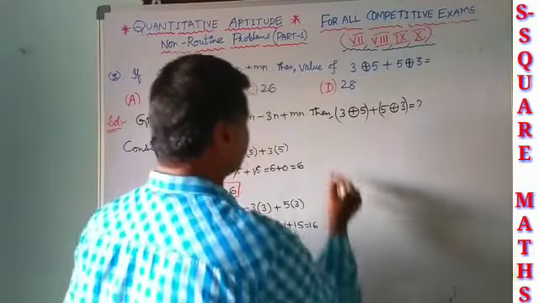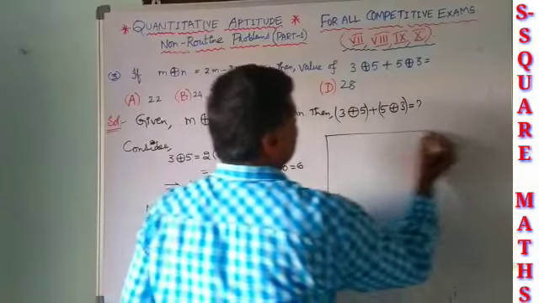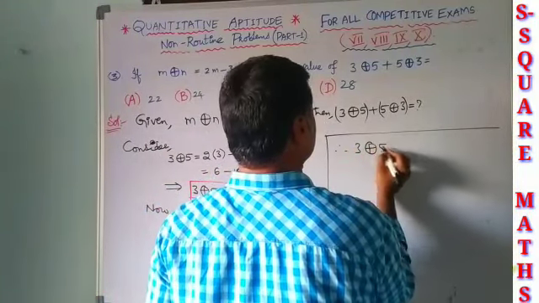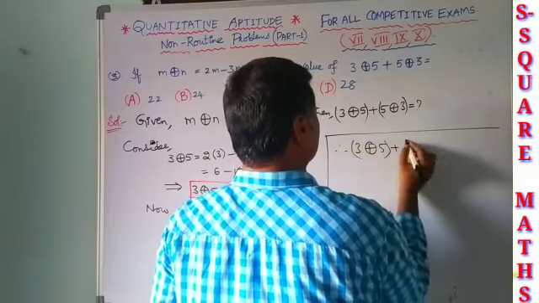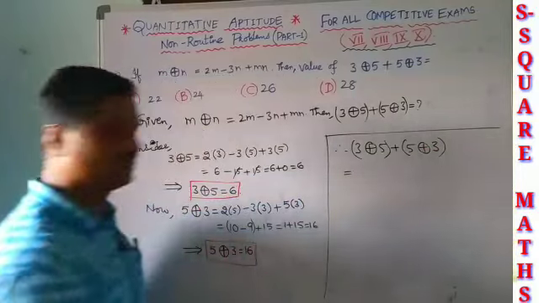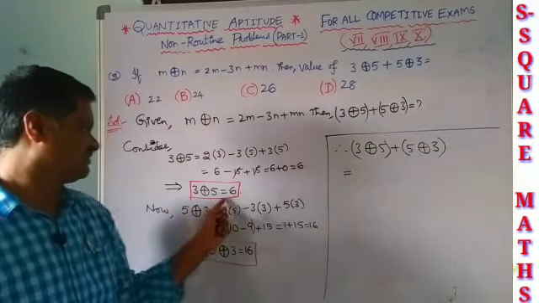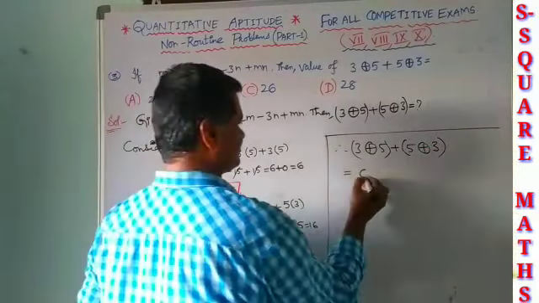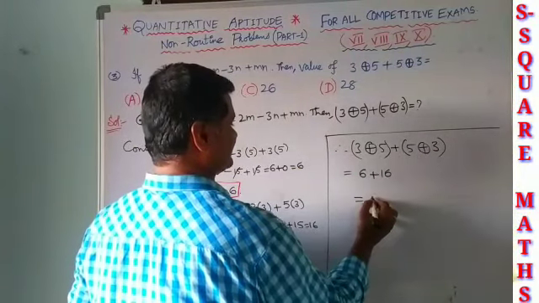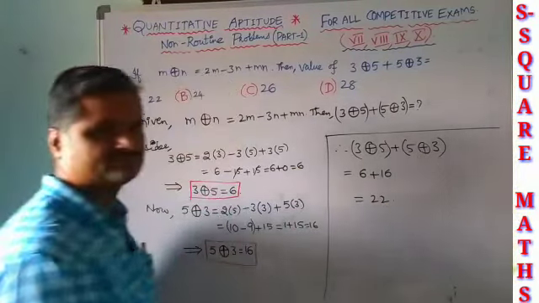So therefore 3 circle plus 5 plus 5 circle plus 3 is equal to 6, plus 16. 6 plus 16 gives you 22.